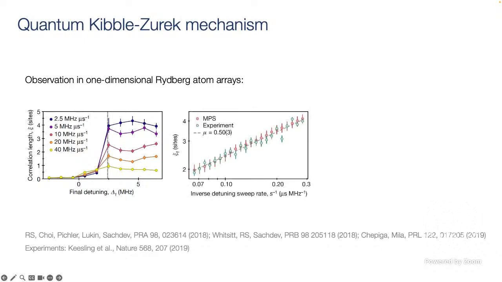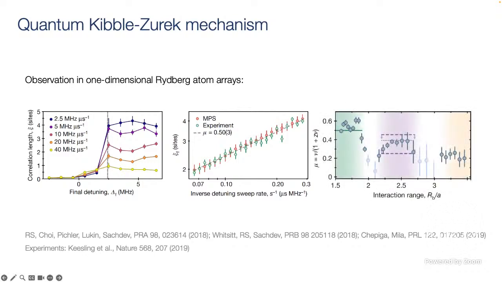In fact, we can plot this final correlation length as a function of the inverse detuning sweep rate, on a log scale, and you can see very nicely that this agrees with the exponent that we expect from the Kibble-Zurek combination.